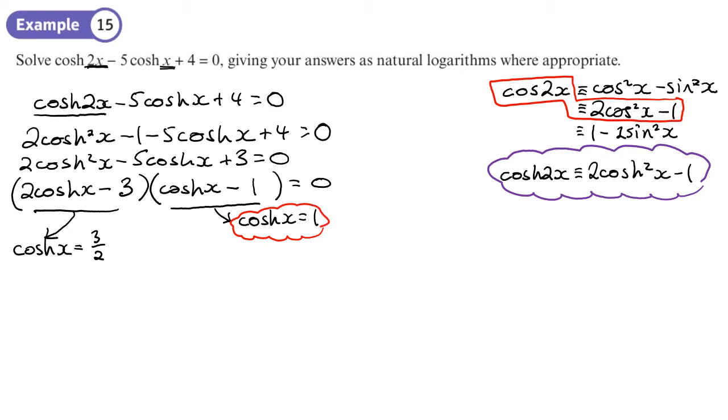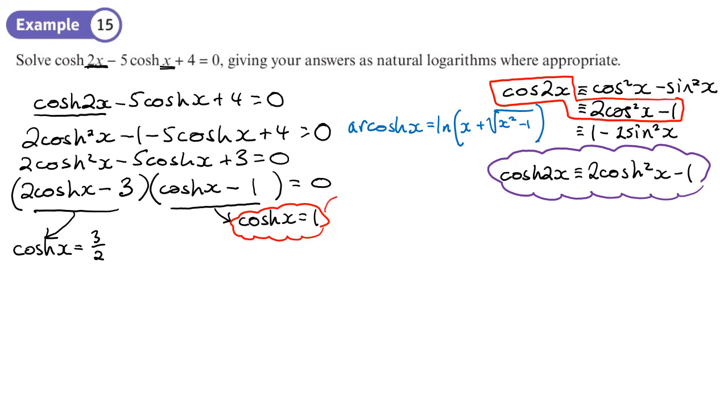So what we're going to do is put it into the arc cosh formula, because we're going to do arc cosh to both sides, which is the log of x plus the square root of x squared minus 1. That should be easy enough.